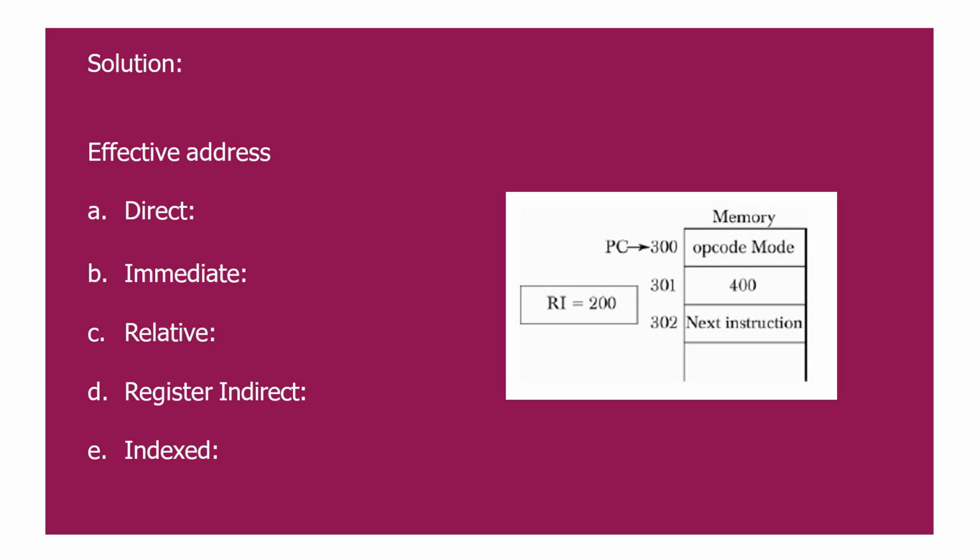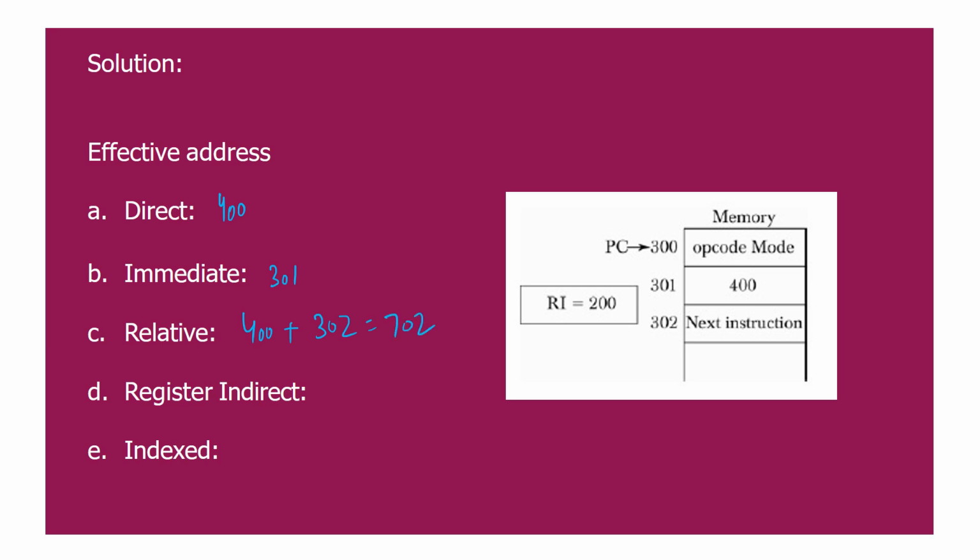So let's see the solution. In direct addressing mode, the direct address given is 400. Immediate value given is 301. Relative address will be program counter and the address given, so it will be 702.